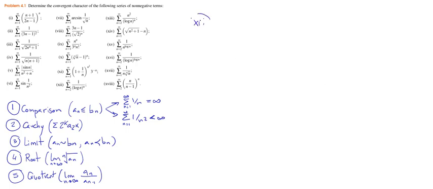12. The sum from n equals 2 to infinity of 1 over the logarithm of n to the n. This sum starts at 2 because the logarithm of 1 is 0, so it doesn't make any sense to define this 1 over 0. So the series that have the logarithm in the denominator usually start at 2.